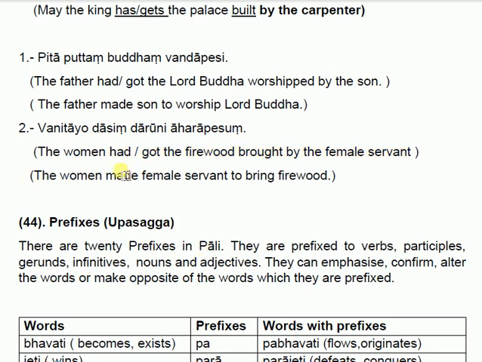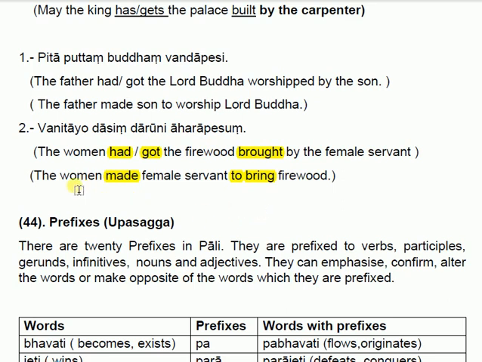Let me highlight for you. Had or got brought, or made to bring. The woman, the ahara pesum, had or got brought. You can say another way, made to bring.